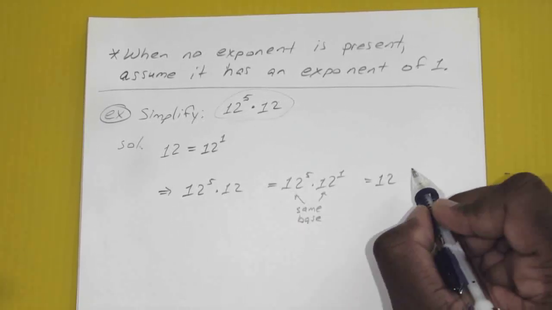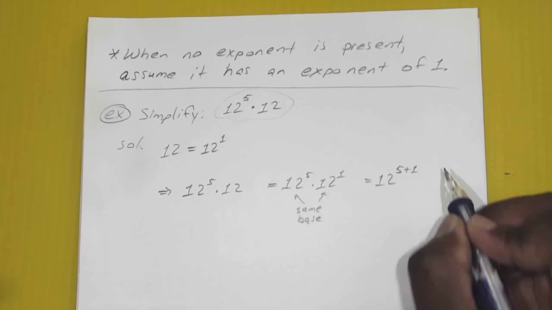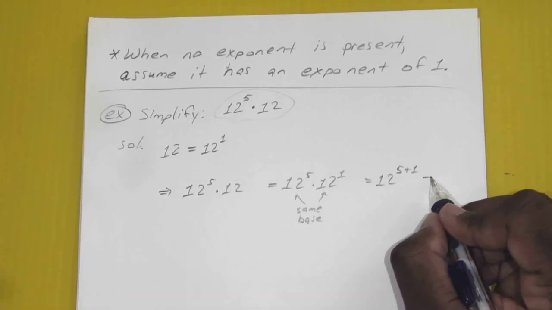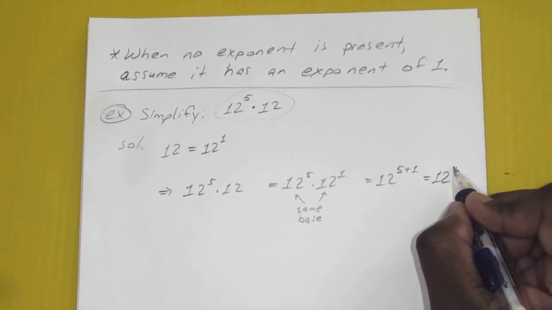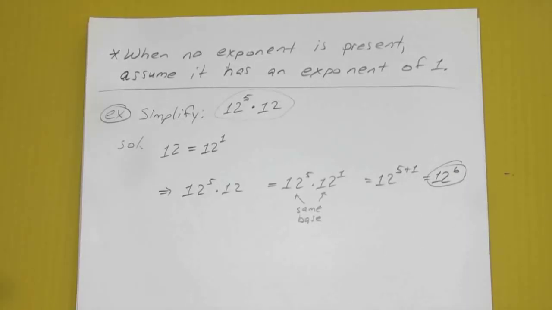So that's 12 to the 5 plus 1, which is 12 to the 6th power. Okay. Now, I didn't want you to solve it, just simplify it. All right. Any questions on that one? All right.